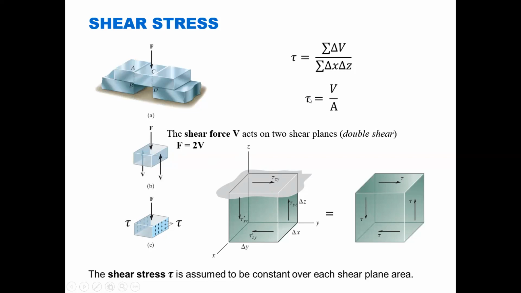So maybe this would be in newtons per meter squared, which would be Pascal, or it would be in, say, kips per inches squared, and those would be the units on tau. Okay, so it's important to know that these will have units of force over area. The numerator will be in units of force, for instance, newtons or kips or pounds, and the denominator in units of area, meters squared, inches squared, that sort of thing.